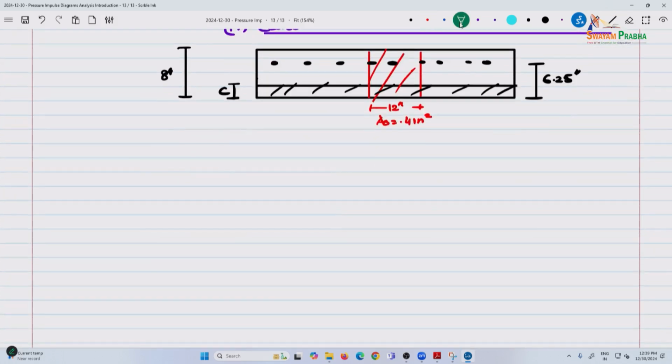So we use the moment of area concept, and we say A1 multiplied by C by 2 is equal to, the modular ratio is used, n times A_st multiplied by this distance, d minus C by 2.